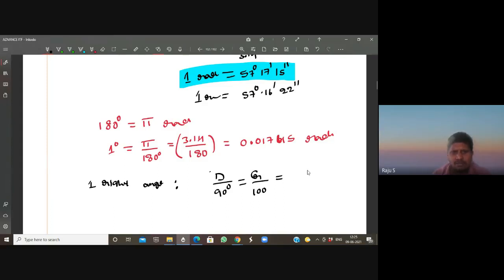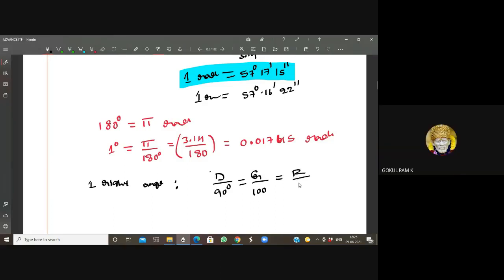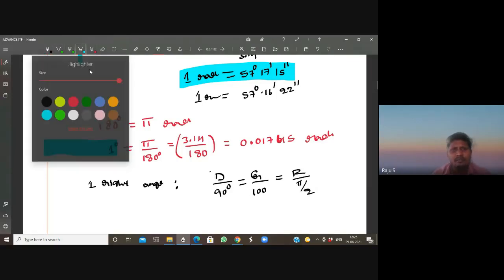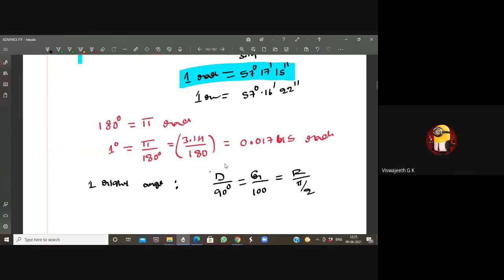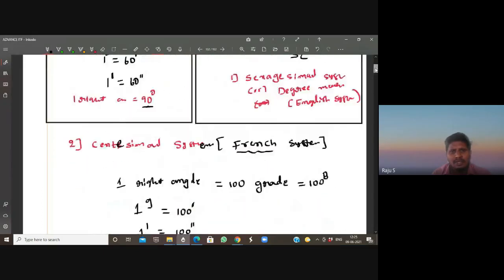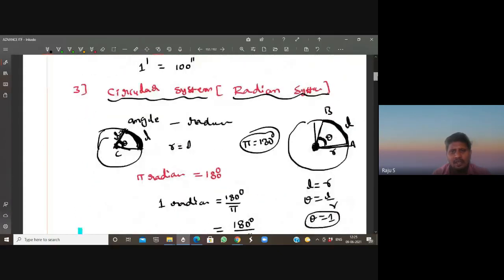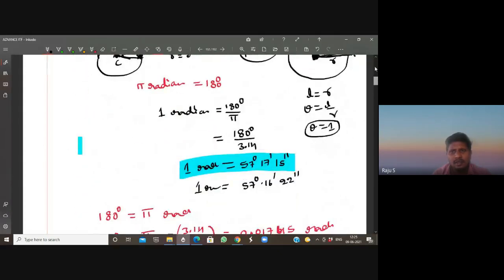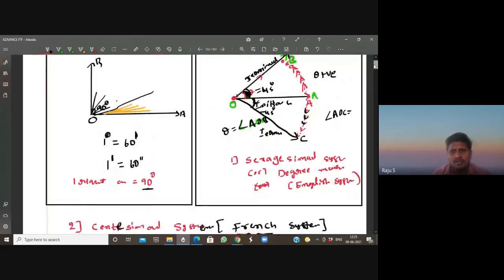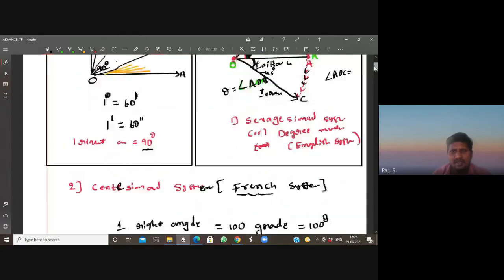Then in radians, it is pi by 2. This we can simply write like this. Have you got an idea about these three systems, French, English, and the radian system? Mostly we use the English system and the radian system, that is degrees and radians.